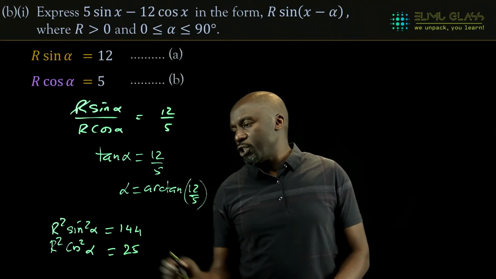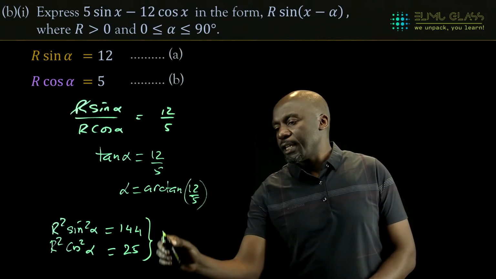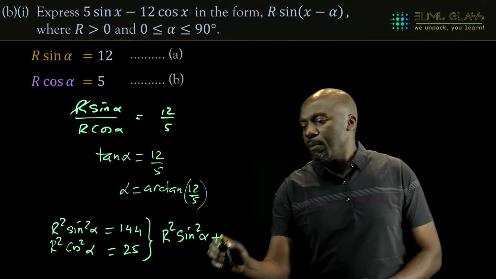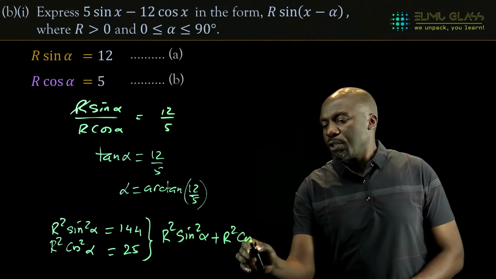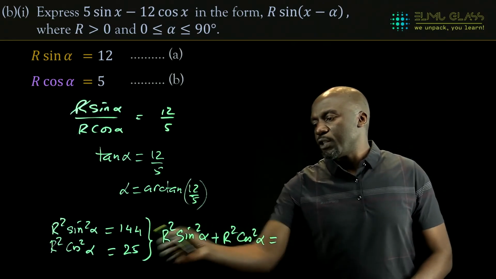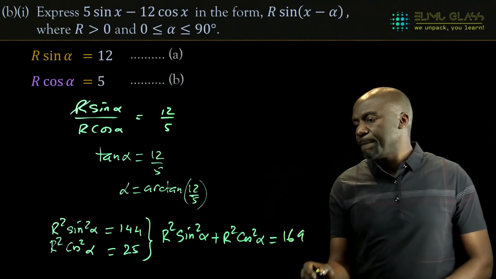If I add these two together, I get r squared sine squared alpha plus r squared cosine squared alpha must be 144 plus 25, which is 169.